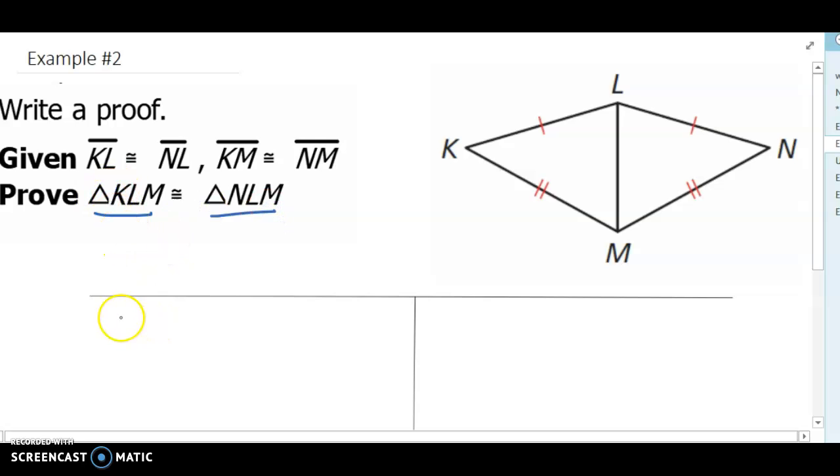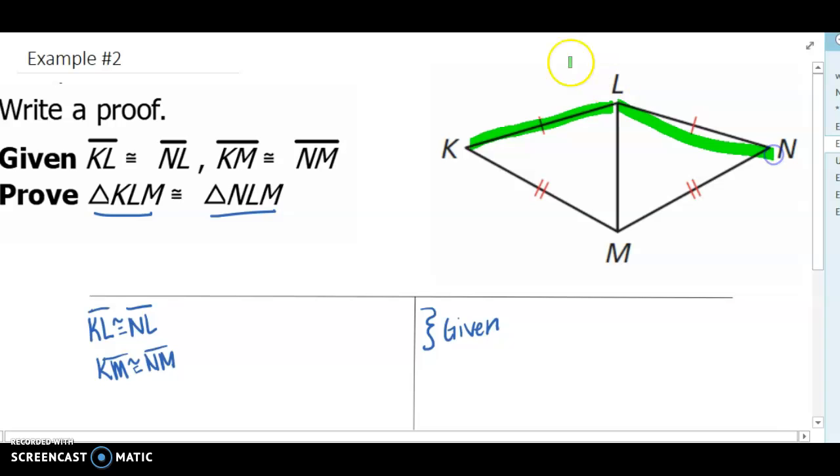Okay, so let's start. We are given that KL is congruent to NL, and we are given that KM is congruent to NM. Those two are given. Alright, well, if I look up here, KL and LN, and then I have KM and NM.